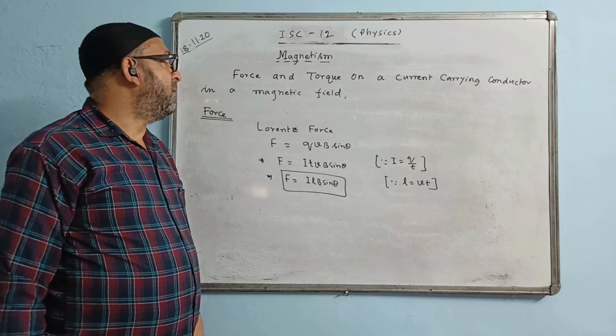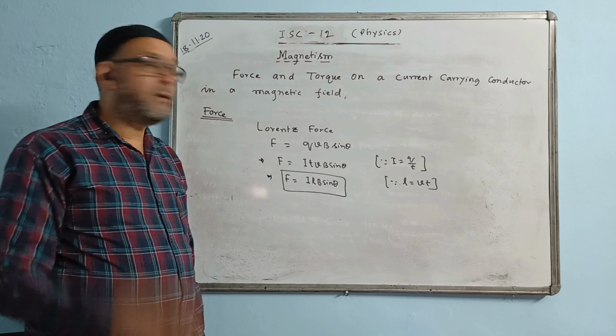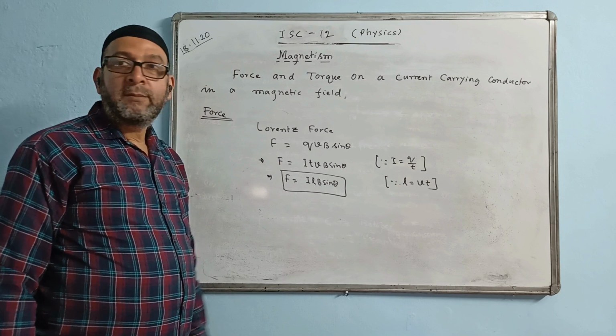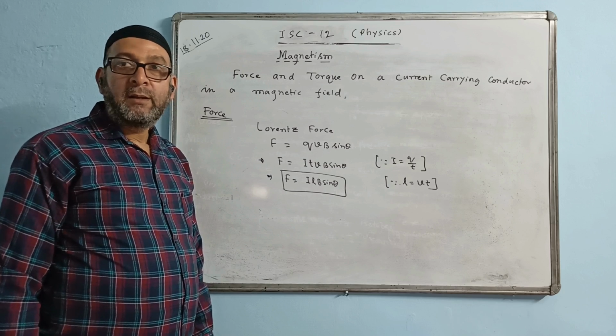If a question comes, write down the expression of Lorentz force in terms of current on a current carrying conductor, then we write this. On a charged particle, then we write this. Here also the value of force is maximum when theta is 90 degree.